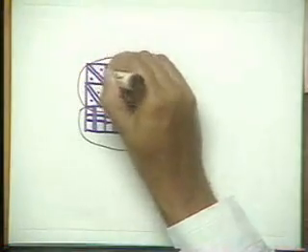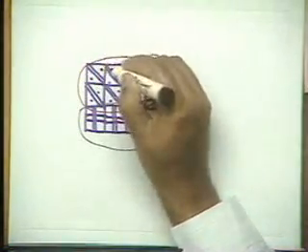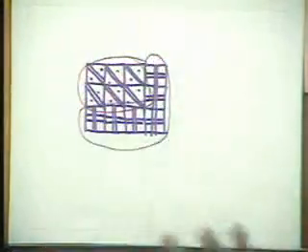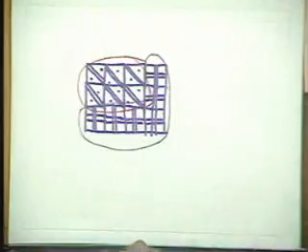Possibly it will lead to too many regions. Maybe I will get one small region like this, and within this yet another, again another smaller region like this. Like this I am going to get plenty of regions if I follow the intensity based similarity measure.